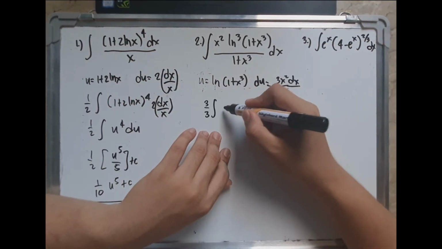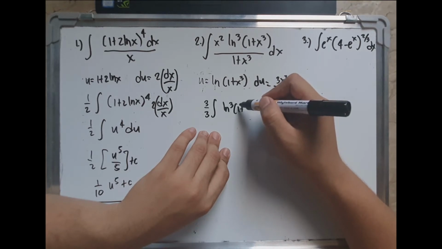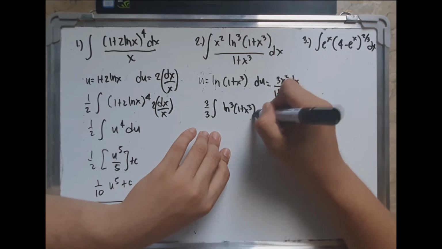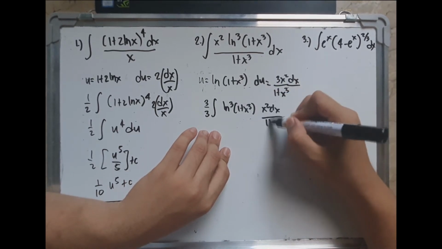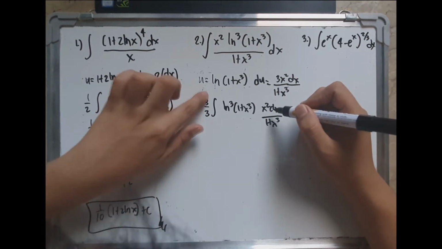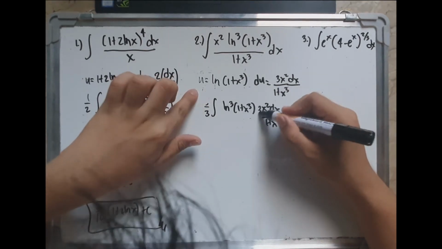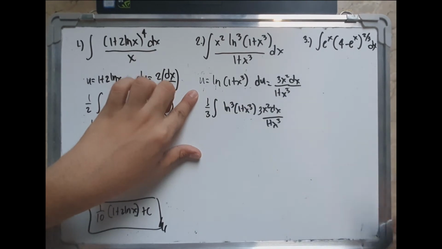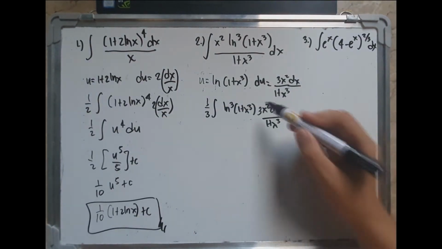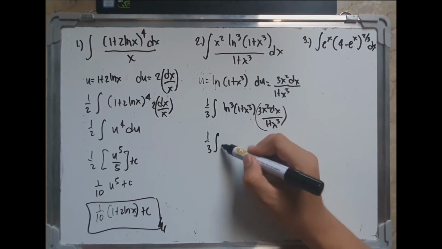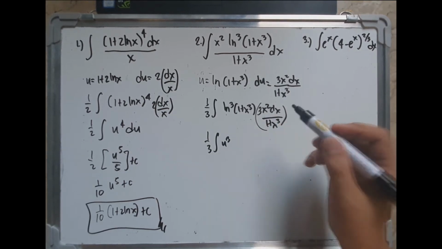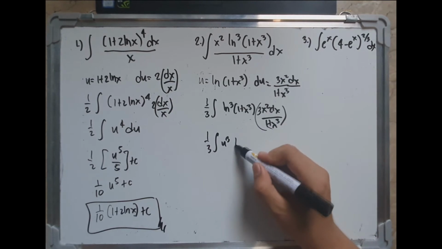Integral of ln cubed 1 plus x cubed, x squared dx whole over 1 plus x cubed. Writing the numerator 3 inside, replacing it with 1. We now have integral of u raised to the power of 3. This one is obviously the du.